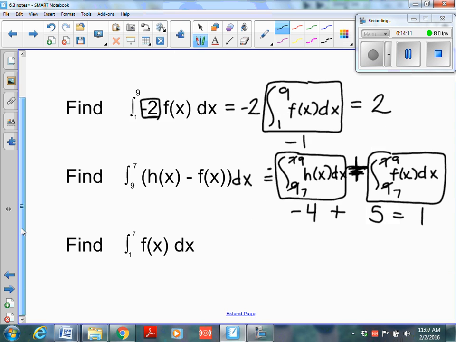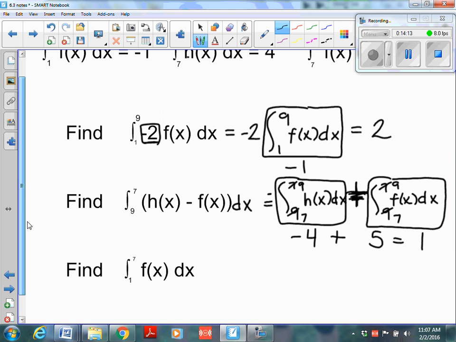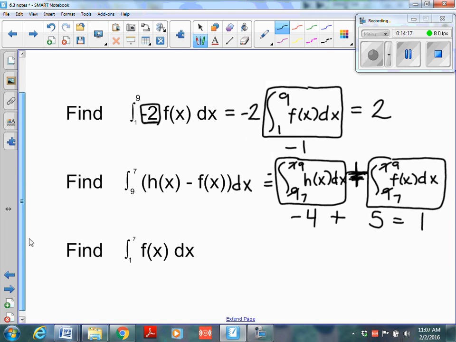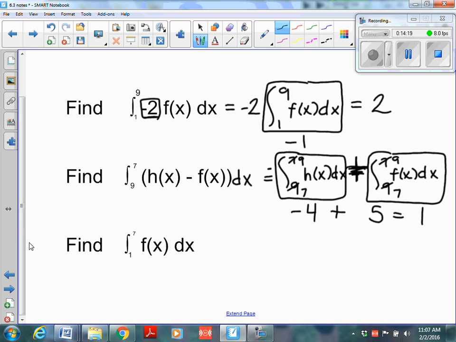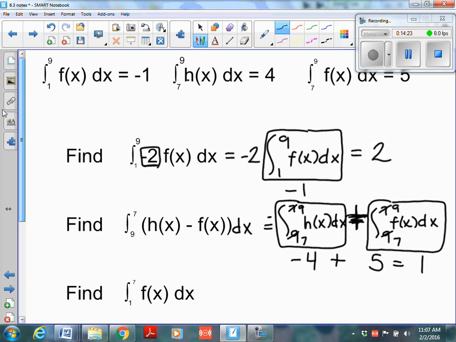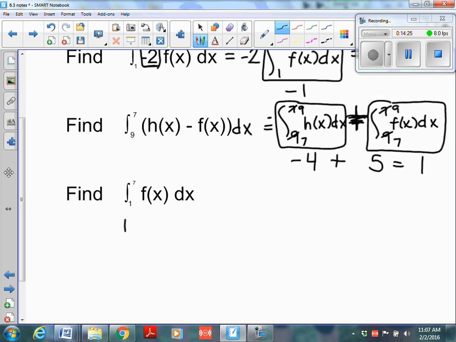Okay, the third one, do you notice that the integral from 1 to 7 of f of x dx is not up there? Do you notice that? Really important. But what we're going to do is use the first and the third to help us get the answer to that.